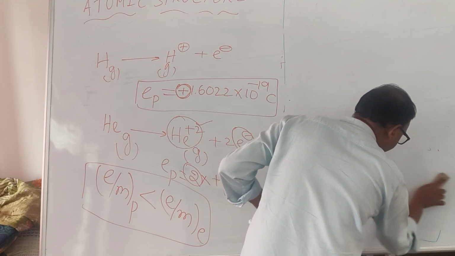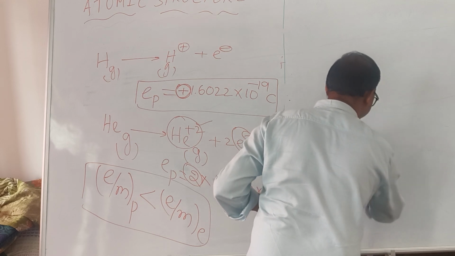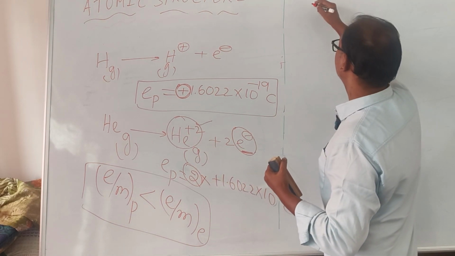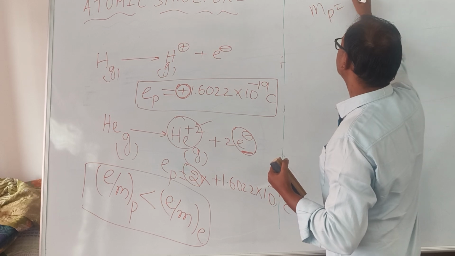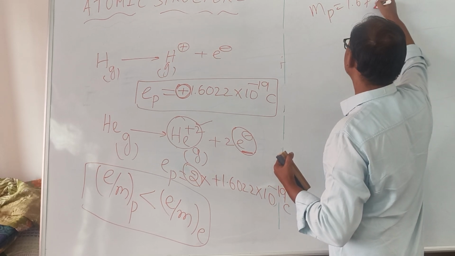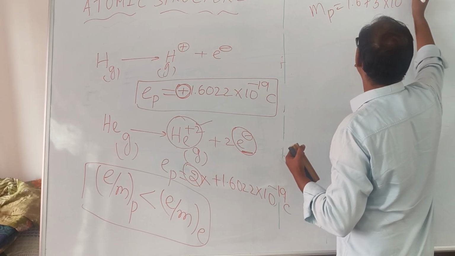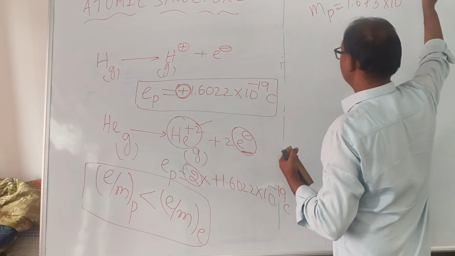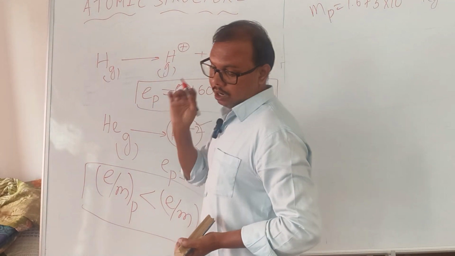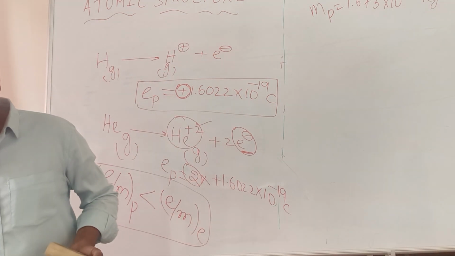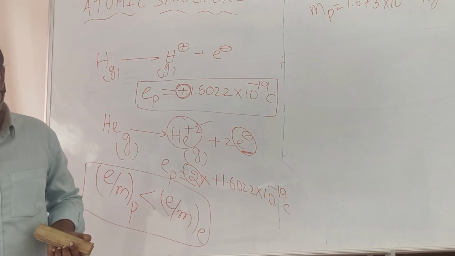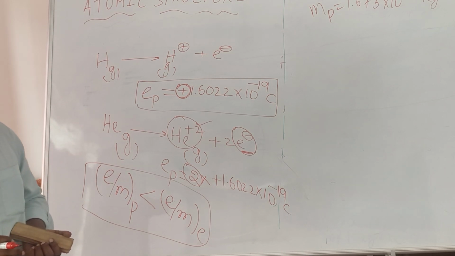Mass of proton is equal to 1.673 into 10 power minus 27 kilograms.